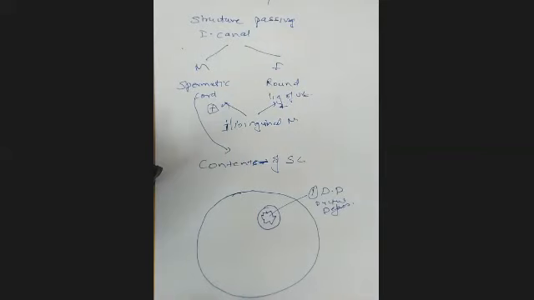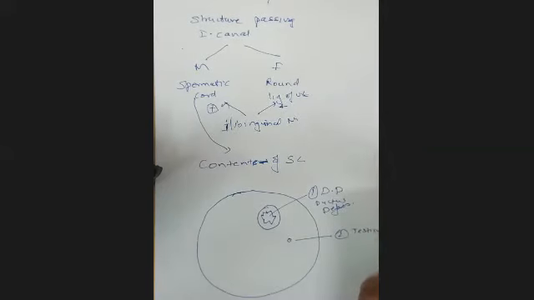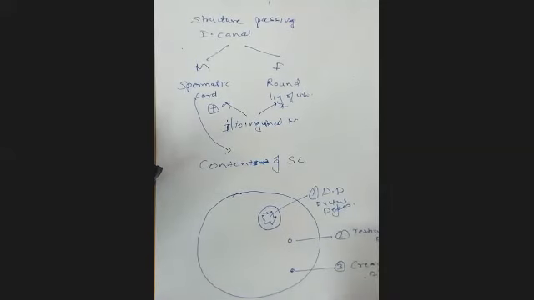The spermatic cord is going towards the testes. So therefore, definitely it will be carrying the testicular artery. And there is this cremasteric muscle which is also going, so there will be a cremasteric artery also. I am talking about arteries first. Let me finish off with arteries. So testicular artery, cremasteric artery.